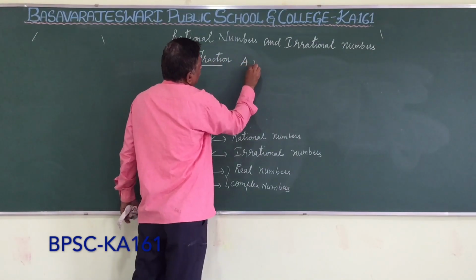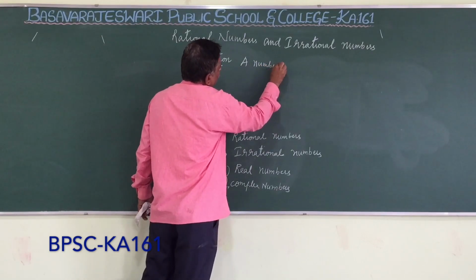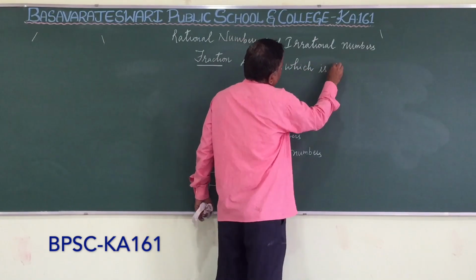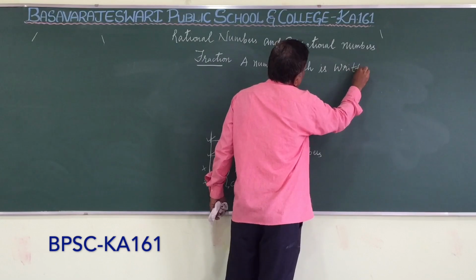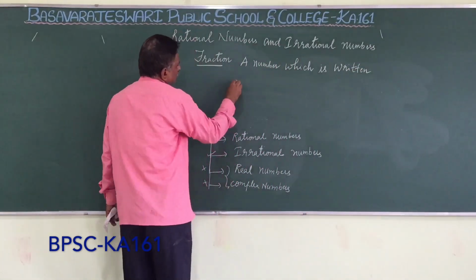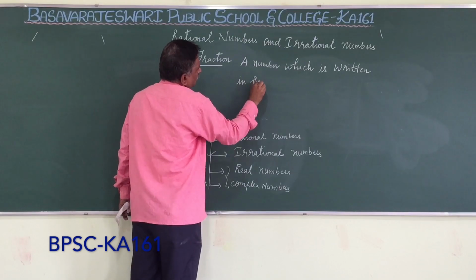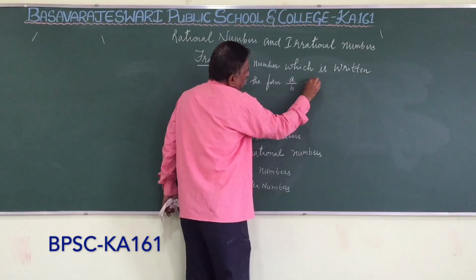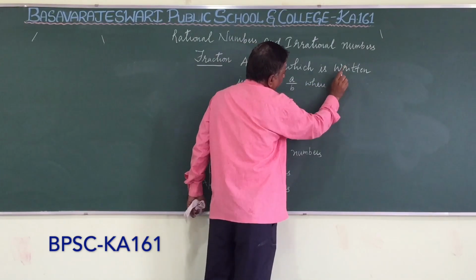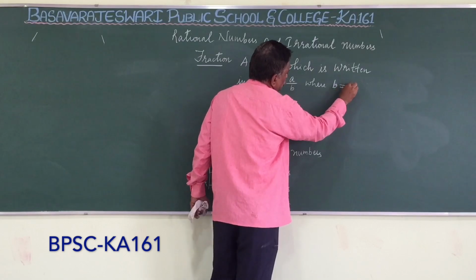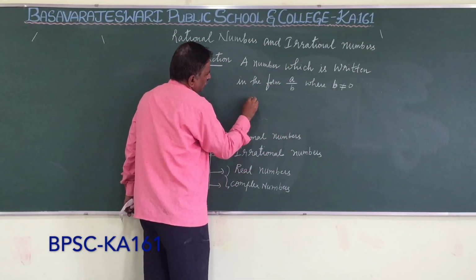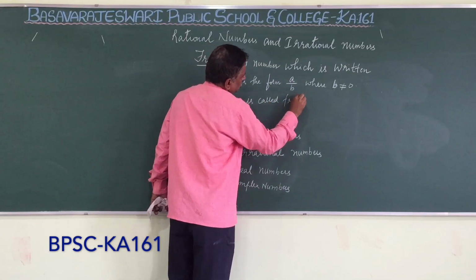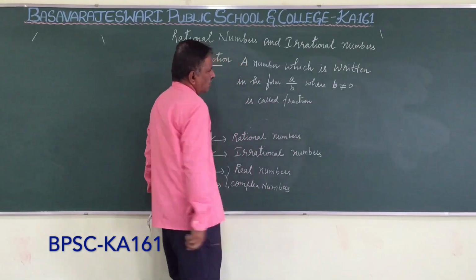A number which is written in the form of A by B, where B is not equal to 0 is called a fraction.